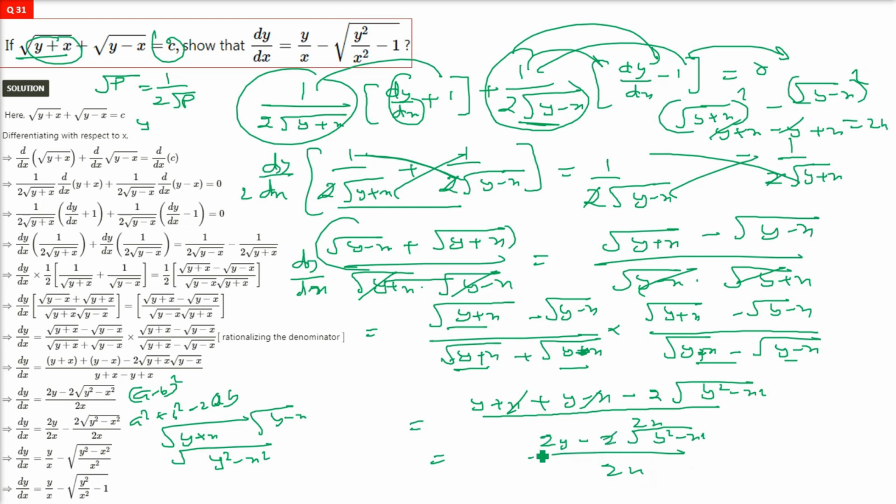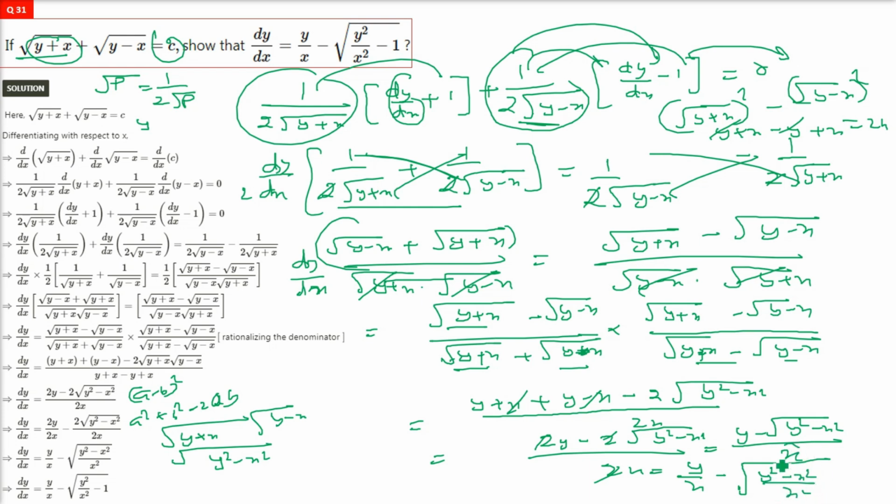Now you can cancel this 2 to 2 because it can be taken common. So you have y minus under root y square minus x square, divided by x, because 2 has been cancelled. So how can we write it? It is y by x minus, now I am taking this x in the denominator, so it has to be x square under the root.